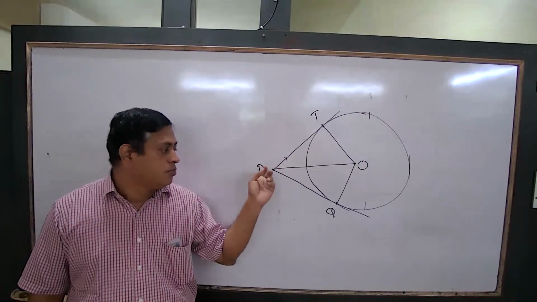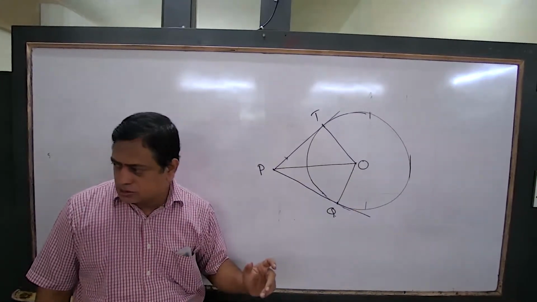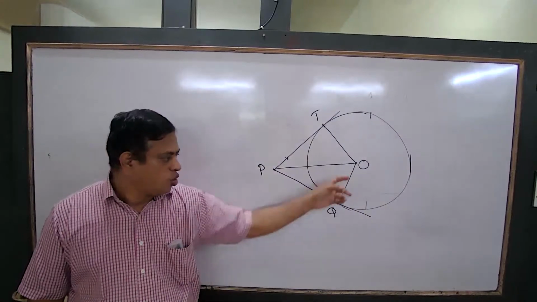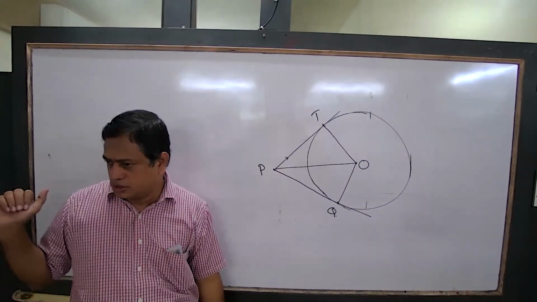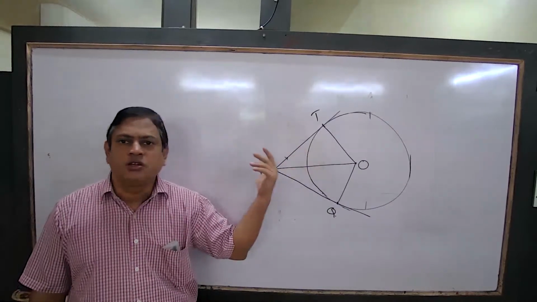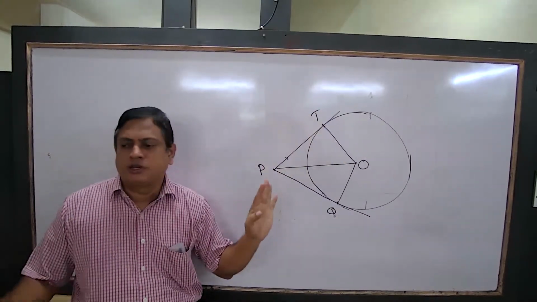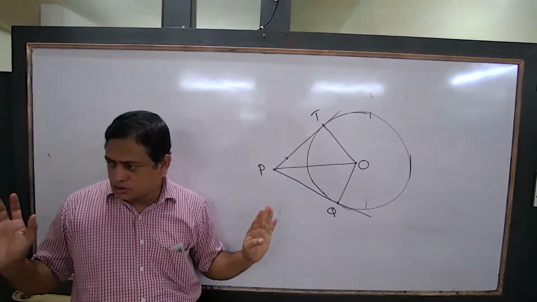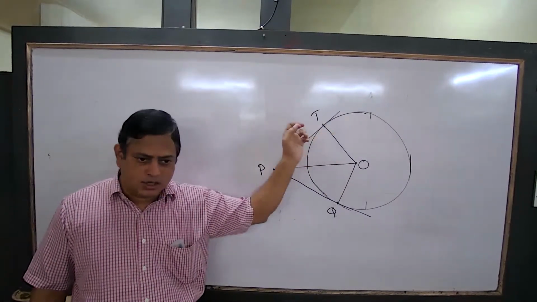PQ is the tangent at Q and OQ is the radius. Therefore, OQ is perpendicular to PQ. Reason: tangent is perpendicular to the radius. Same way, similarly, OT is perpendicular to PT. Those steps have to be written. So then we will prove, therefore, these two angles are 90 degrees.